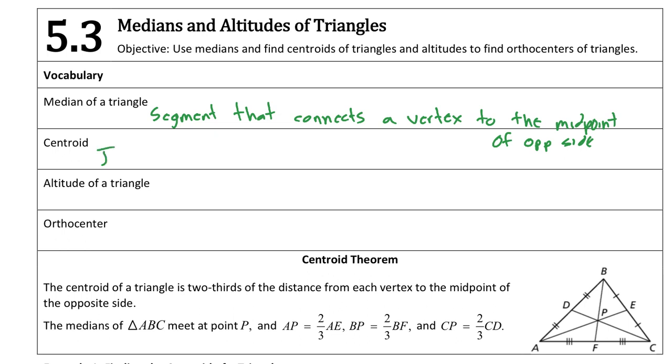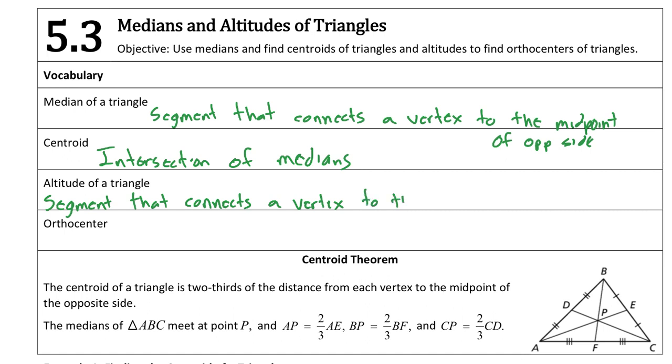The centroid is the intersection of those medians, okay? Intersection of the medians. An altitude of a triangle is a segment that connects a vertex to the opposite side, not at the midpoint, but at a, I'm going to abbreviate, at a perpendicular, okay, at a perpendicular.